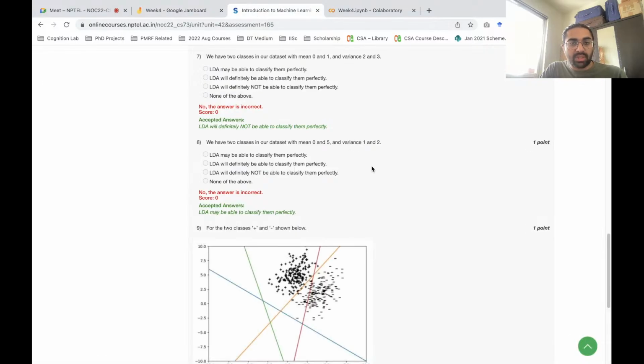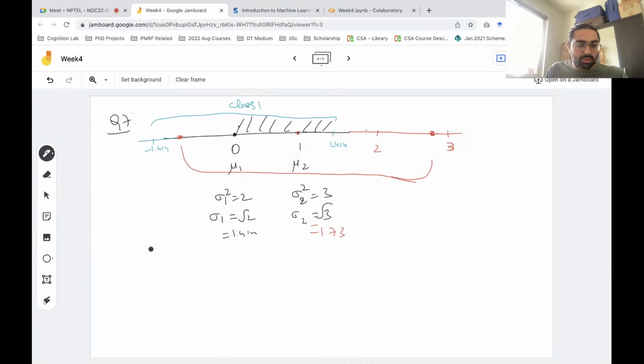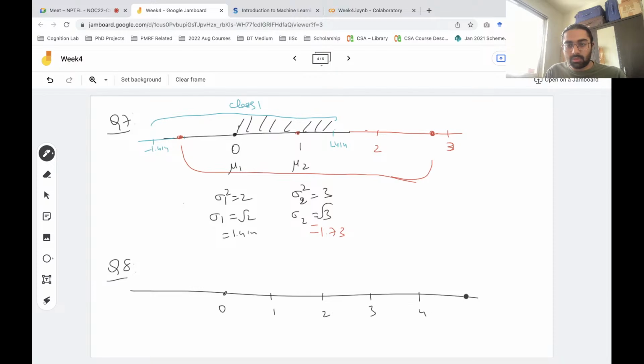Whereas in question 8, if you see, the means are 0 and 5 and the variance is just 1 and 2. So 0 is one class mean, mu1, and mu2.